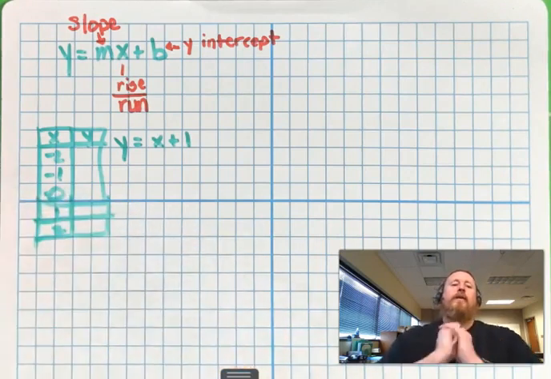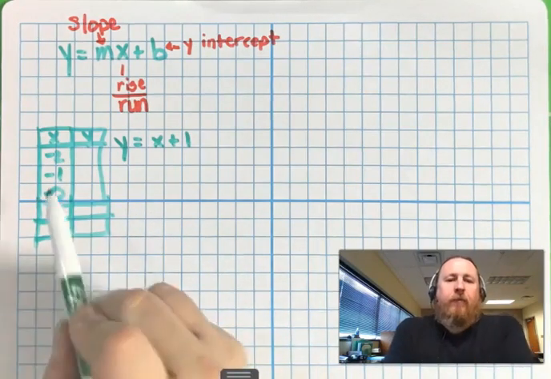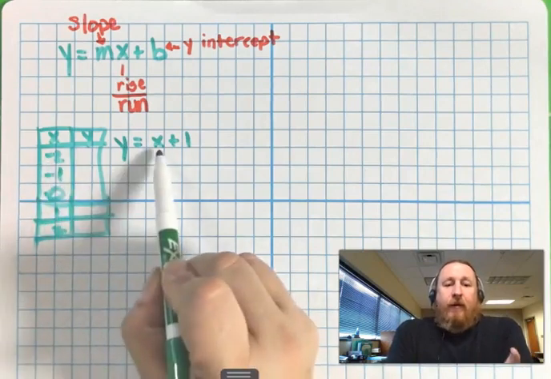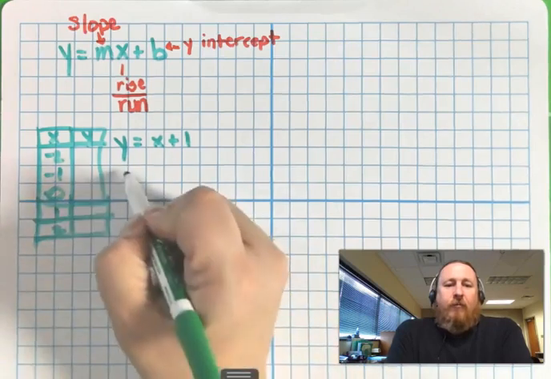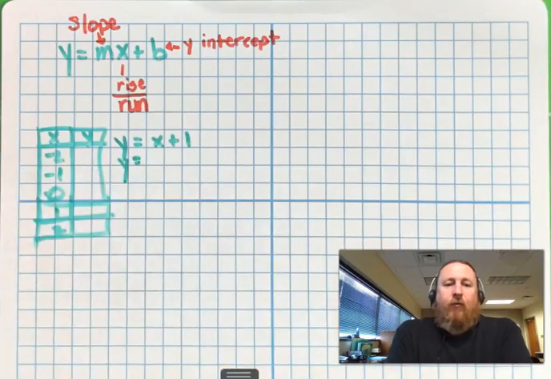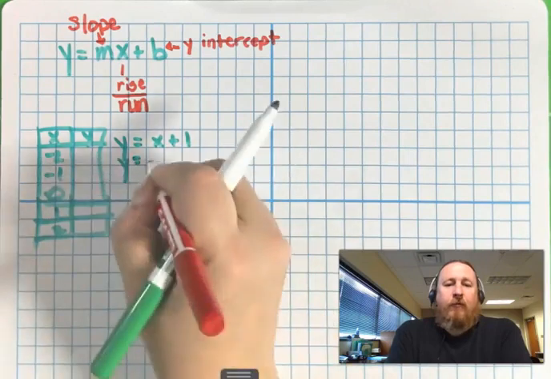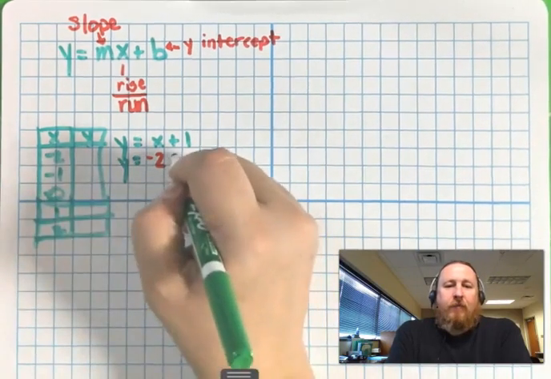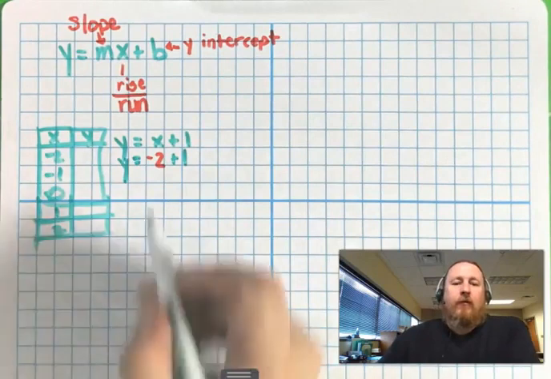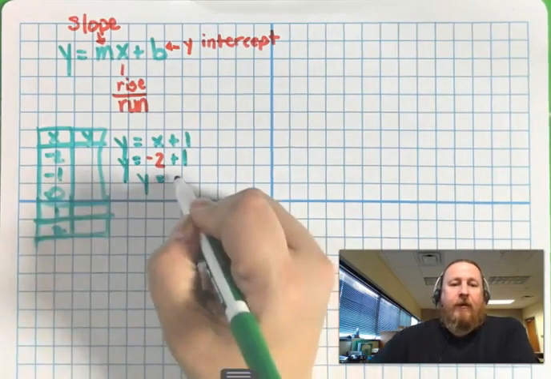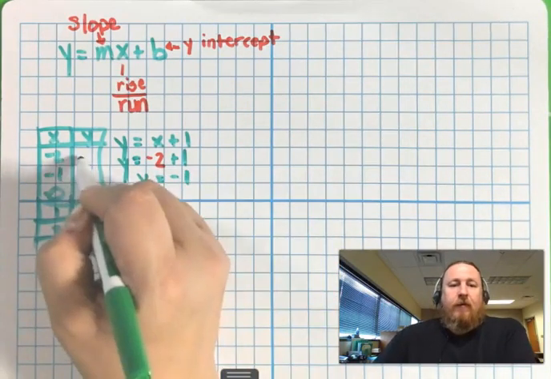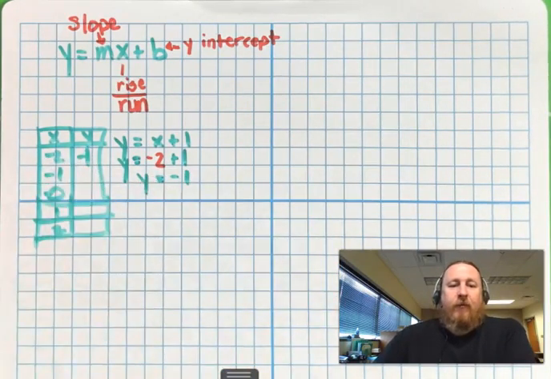And then we will simply take the assigned x value, plug it into the equation, and solve the equation to determine the y value for its corresponding x. Our first number is -2. We plug -2 into the equation and get y equals -2 plus 1. We then solve by combining like terms and get y equals -1. We place that on our chart, and there we go.